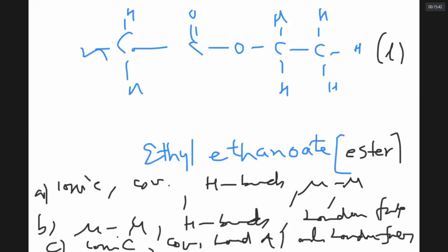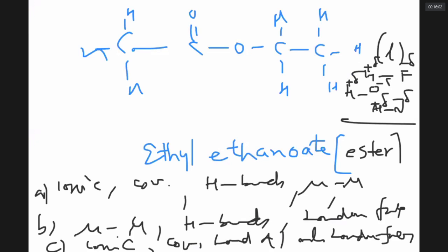Whenever any compound has hydrogen locked to fluorine or oxygen or nitrogen, then only the H plus delta is sufficiently charged so that it can give rise to hydrogen bonding. To have hydrogen bonding, the essential requirement is the molecule should have a hydrogen locked either to fluorine or to oxygen or to nitrogen.